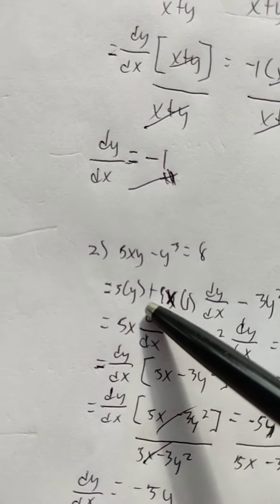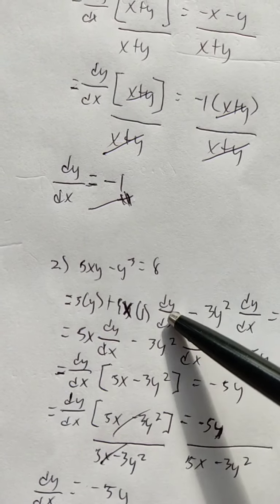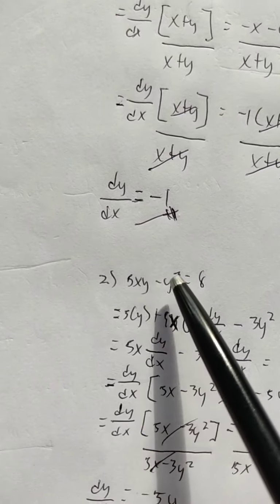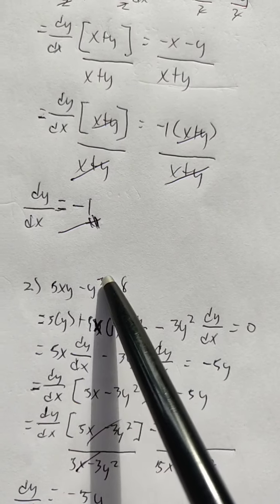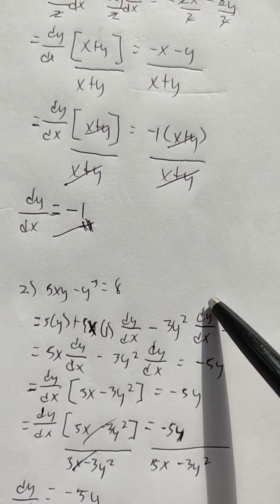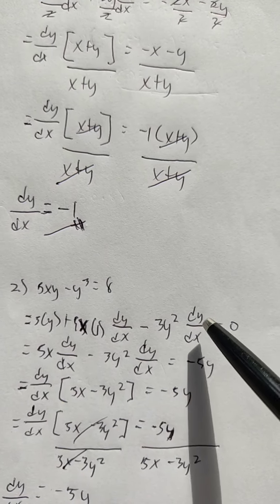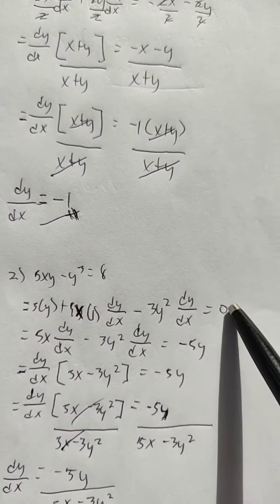And as I've said, every time you derive a y value, you should put a dy over dx after it. So minus the derivative of y cubed would be 3y squared, and because it's a y, we'll input again dy over dx. That's the rule of implicit differentiation. Equals 8 is a constant, so that would be 0.